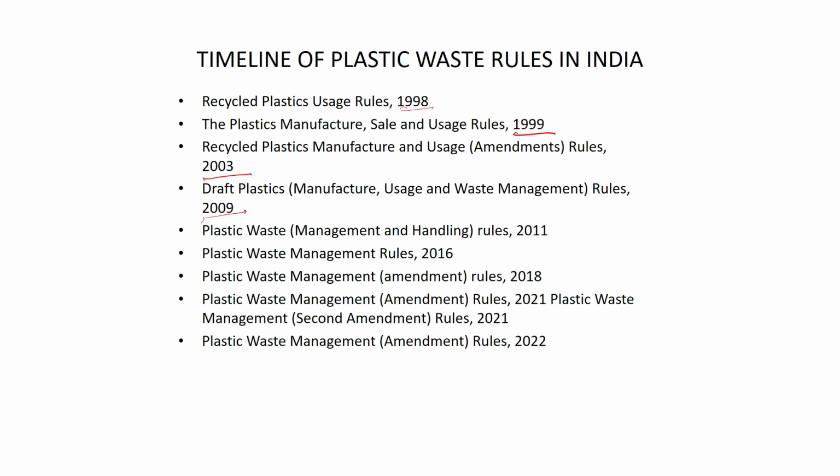The management and handling rules came out in 2011, and the Plastic Waste Management Rules finally came out in 2016. The rules were amended in 2018, and then the rules came out in 2021 with certain further amendments. The second amendment to these rules was made in 2021. And finally came the Plastic Waste Management Amendment Rules in 2022.